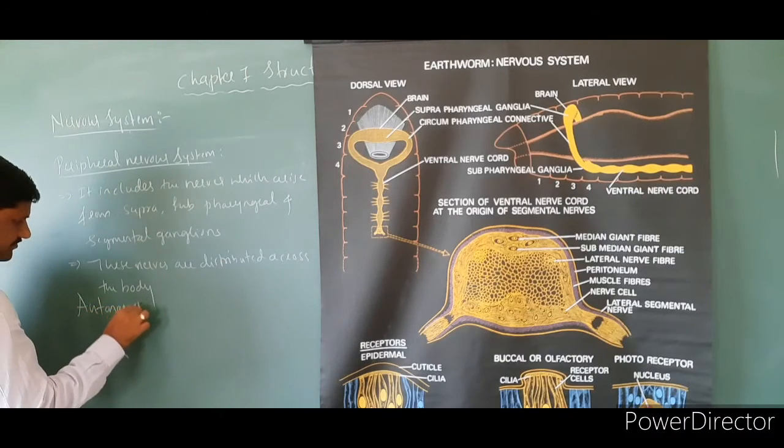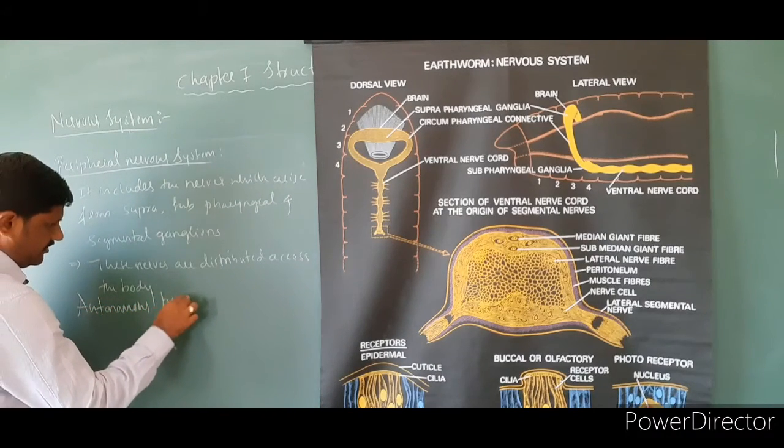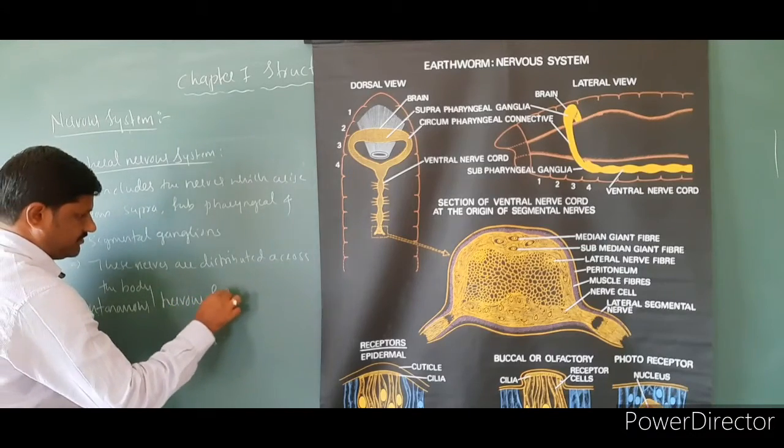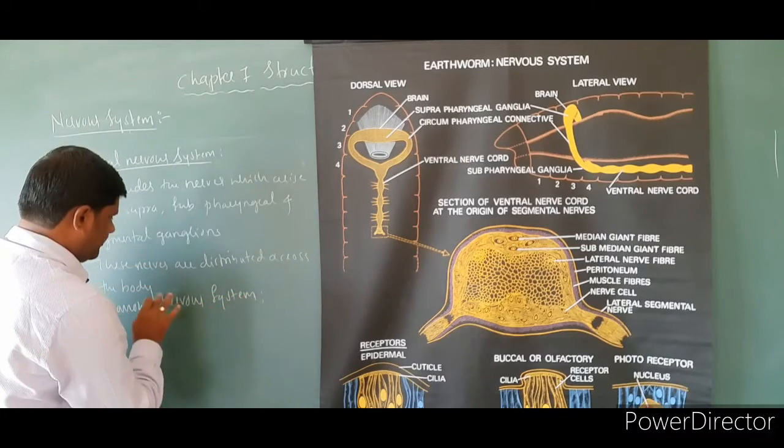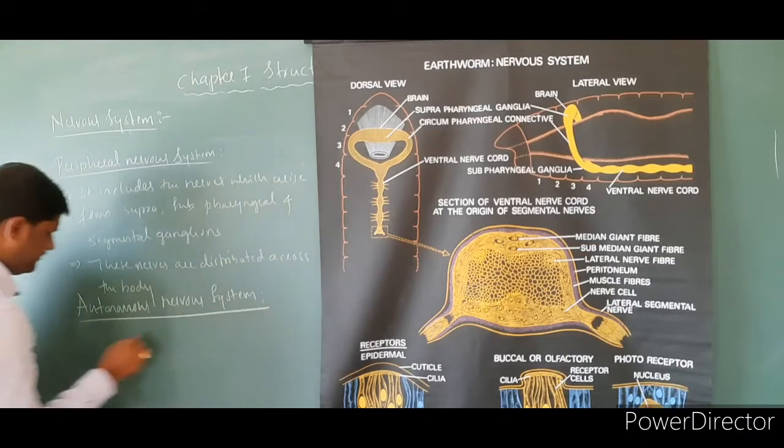Autonomous nervous system. What does it comprise of?